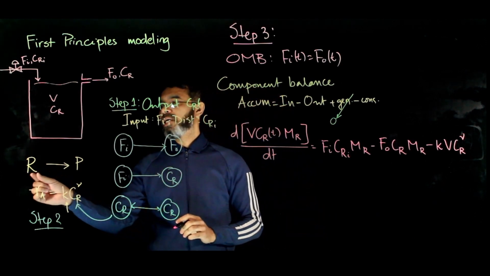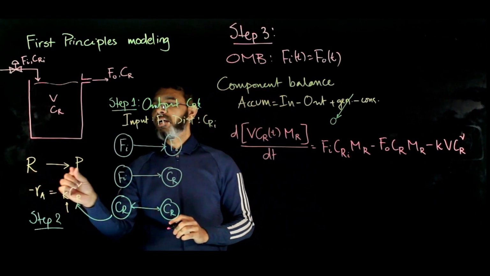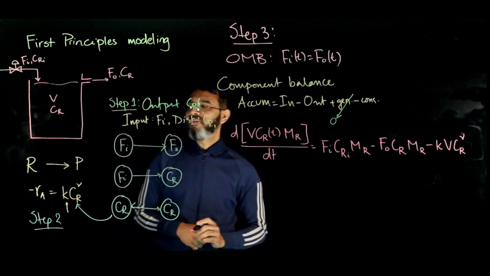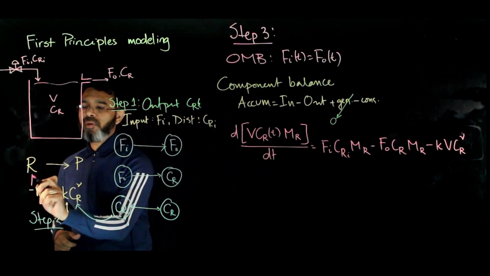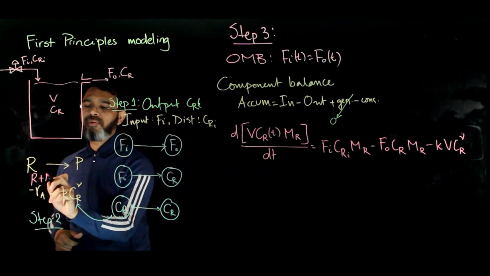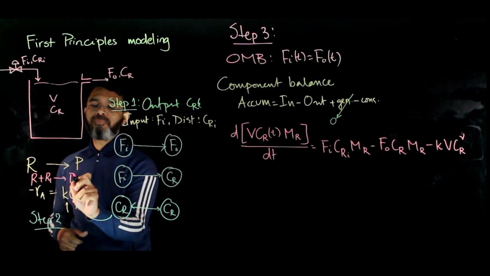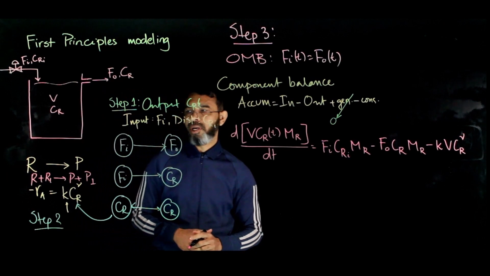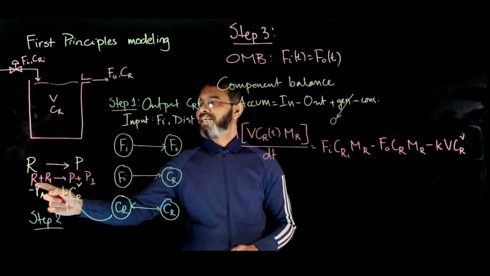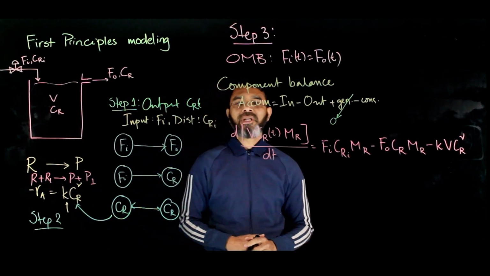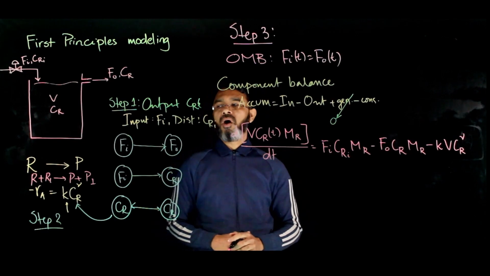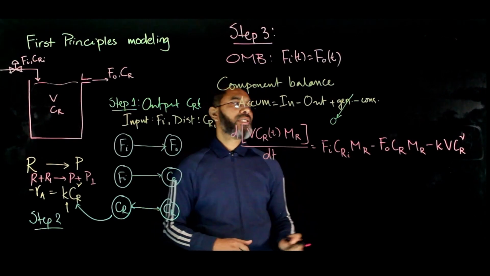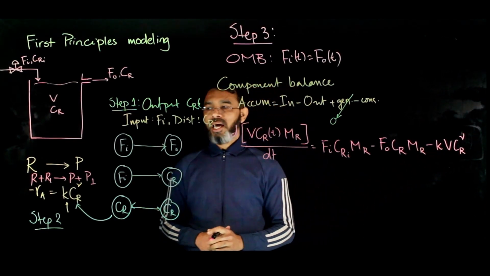Now think about here, we have written it a simple way that R goes to P. In a real reaction scenario, we'll have something like R plus other reactant producing P plus other product, more than one. So here for this case, the R is the limiting reactant, meaning the rate of reaction depends on R. That's why we are just considering the reactant R here.